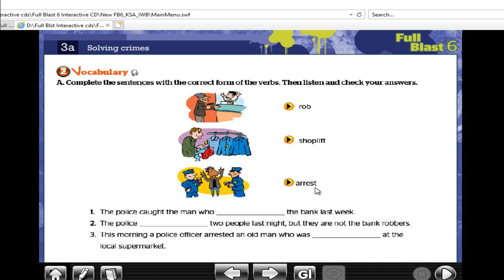Arrest, arrested, ED. Complete the sentences with the correct form of the verbs. I'm going to give you a minute and then you're going to compare your answers with the right answers. So think over, read the three sentences and try to fill in the gaps using these verbs in the correct form.